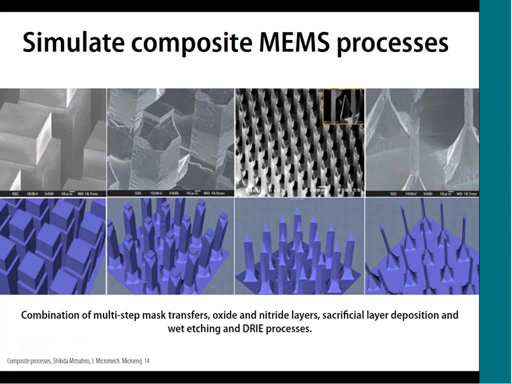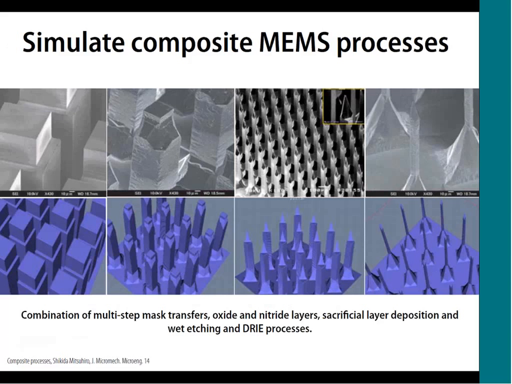Going back to the process simulation tools, we also have some more advanced simulation tools. If you want to be looking at, say, in this case, wet etching specifically, this is an example of a microneedle array that was simulated within our tool called IntelliSuite, and those are the blue models you see on the bottom, and those are compared to the SEM pictures on top.